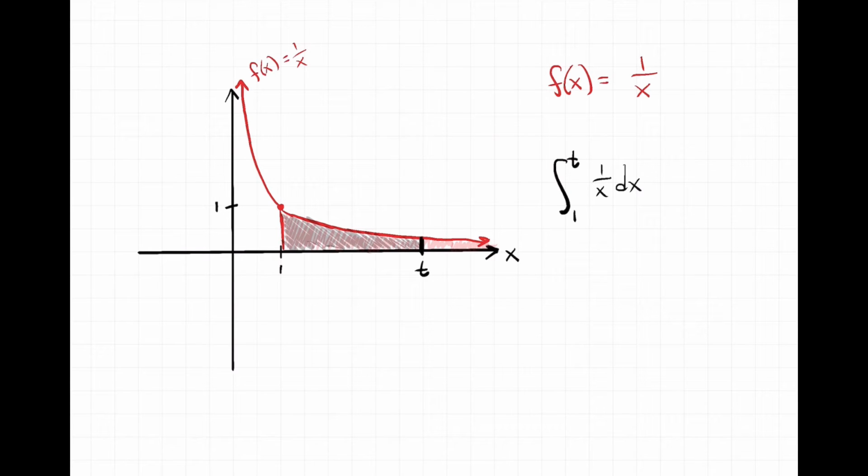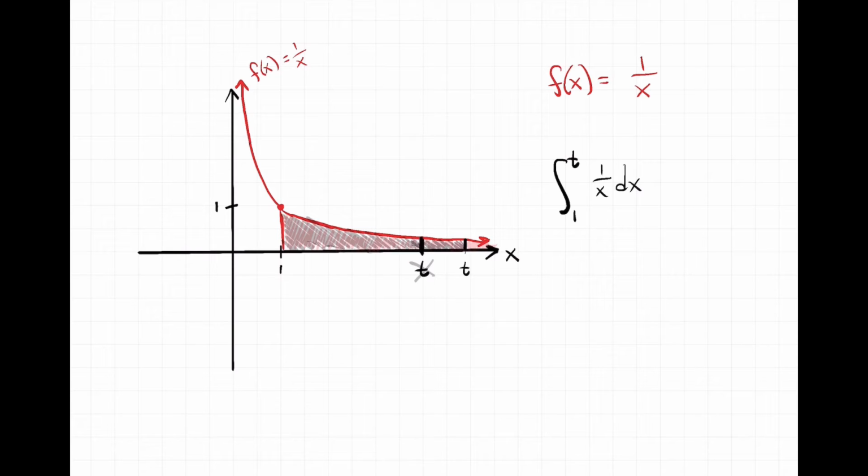But what I can do is shift that t over, move that t further along out to here, and fill in more area. And I can keep doing that forever. I can keep pushing my t farther and farther to the right and add in more of that missing area. And I will never end up with an infinite area, but I can look at the limit as t goes to infinity.